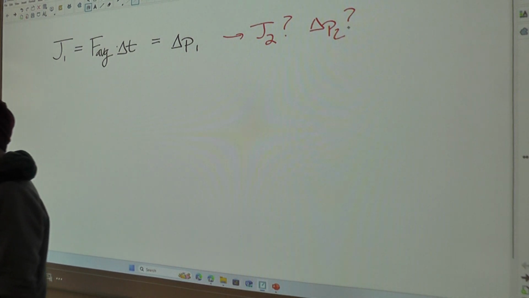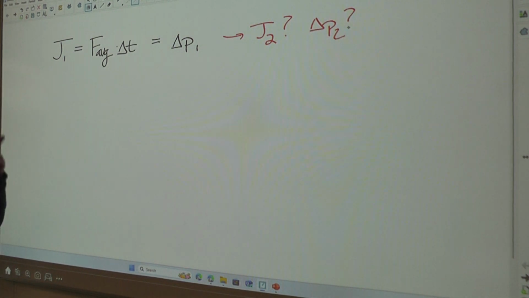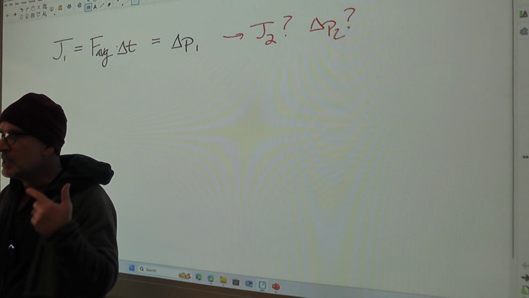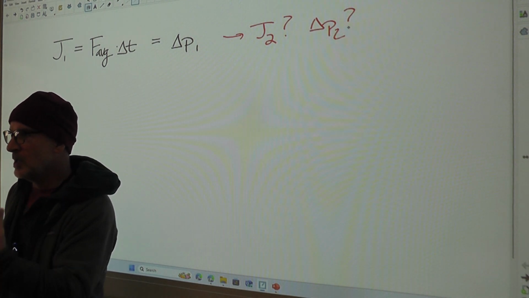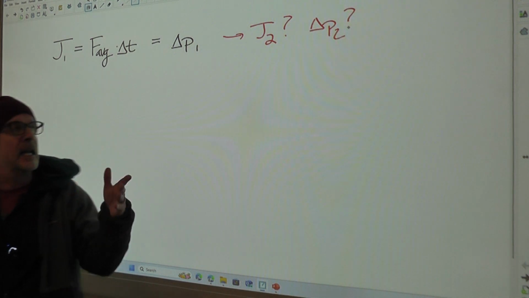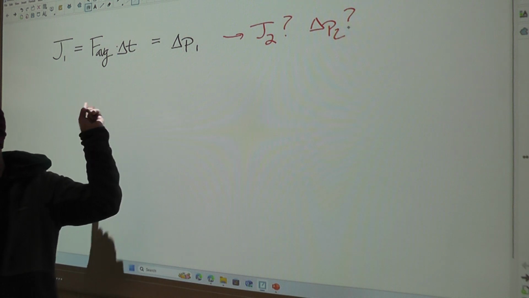And we couldn't quite nail it down. We couldn't quite figure out what it is going to be. Maybe it's the same, and maybe it is the same. But aside from our intuitive thinking that it makes sense for these two things to be the same because momentum is conserved, we didn't get any further than something like this.